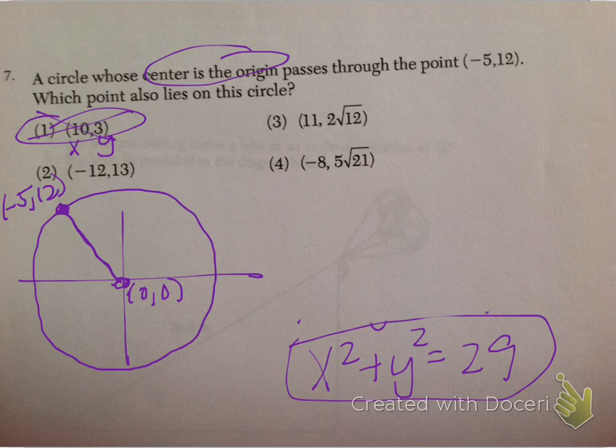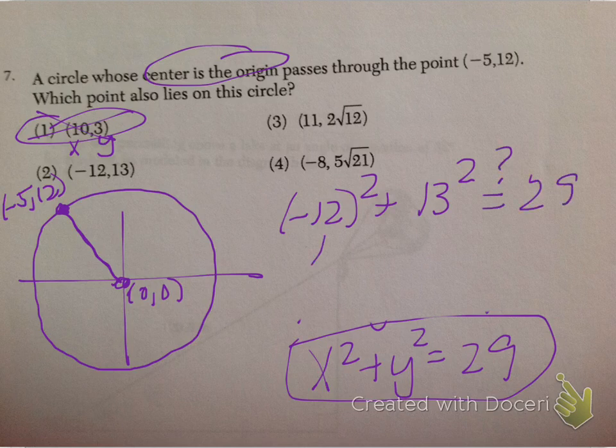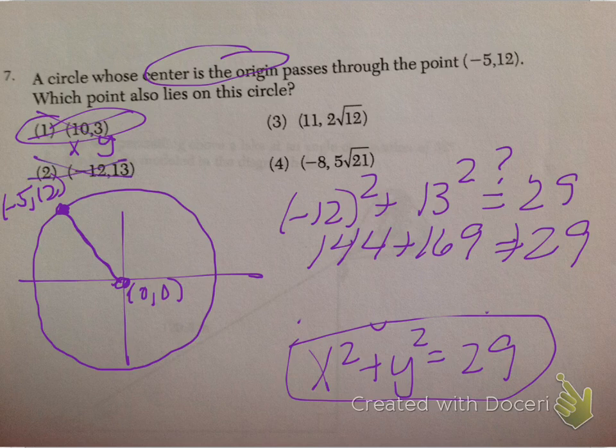Okay, number 2. Negative 12 squared plus 13 squared, does that equal 29? So we get 144 plus 169, that definitely does not equal 29. So number 2 is out.